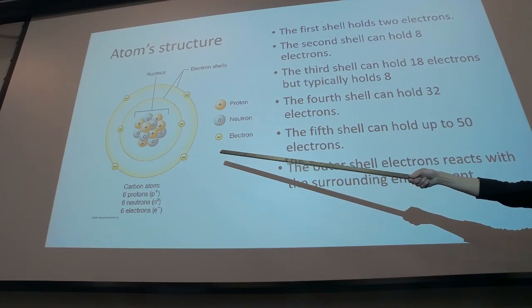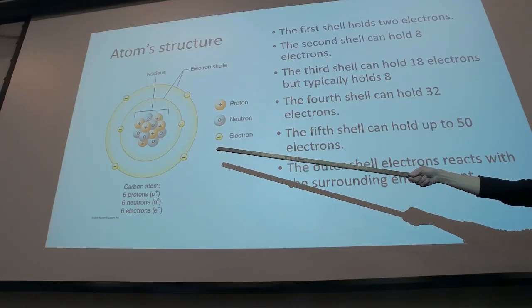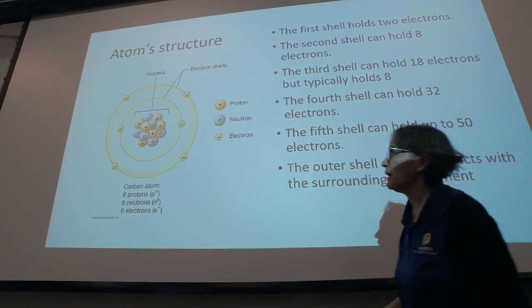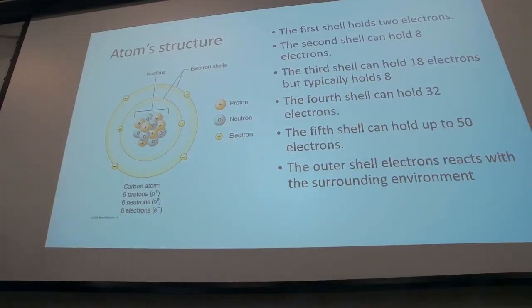The reason for this is because they are exposed. Some elements, like the inert gases, which are found in this column of the periodic table, have filled their outer shell with electrons. So they are not so reactive. That's why they're called inert gases. Inert is something dead.